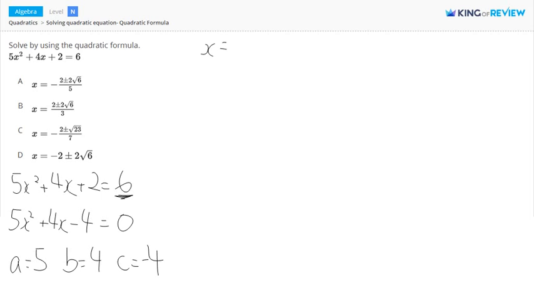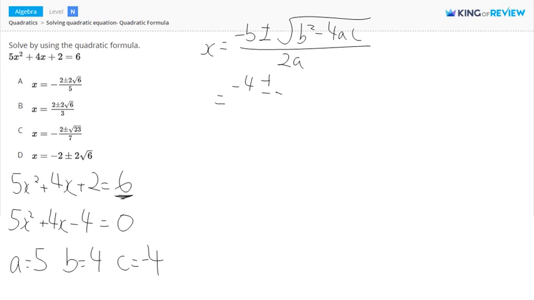And the quadratic formula says negative b plus or minus the square root of b squared minus 4ac, over 2a. Okay. So our b value is 4, so it should say negative 4 plus or minus the square root of 4 squared minus 4 times a, which is 5, times c, which is negative 4, over 2 times a, which is 5.